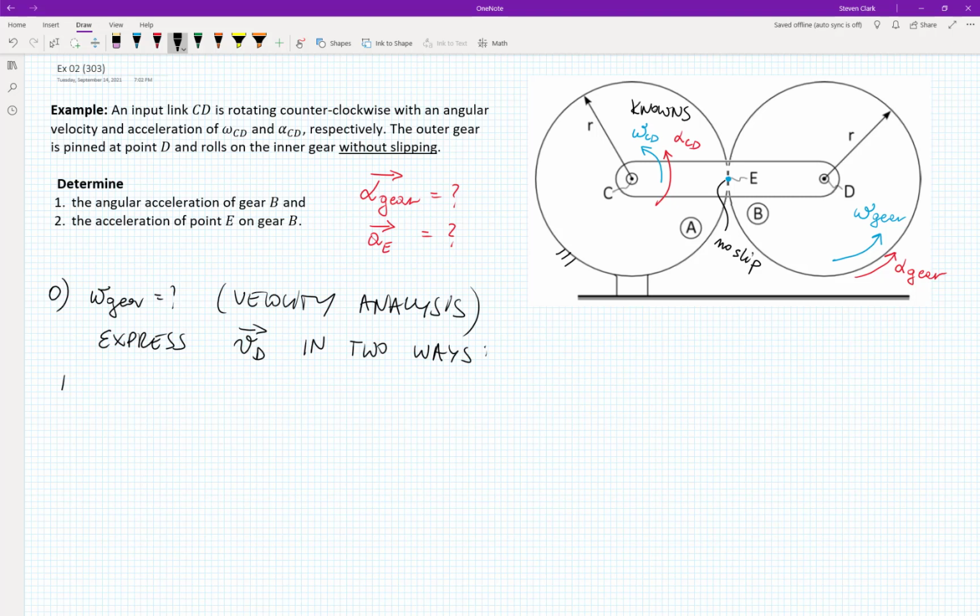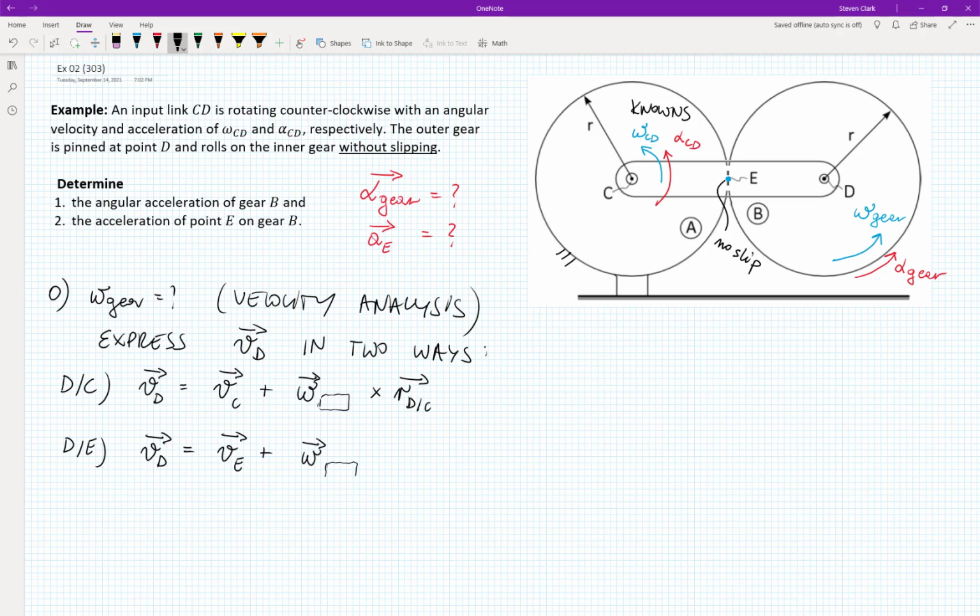First, I would like to run velocity analysis between D and C, and then I would like to run exactly the same, but between D and E. So in here, I can write Vd that is equal to Vc plus omega of certain body times R dc. And in here, I can write Vd that is equal to Ve plus omega of certain body times R dE.